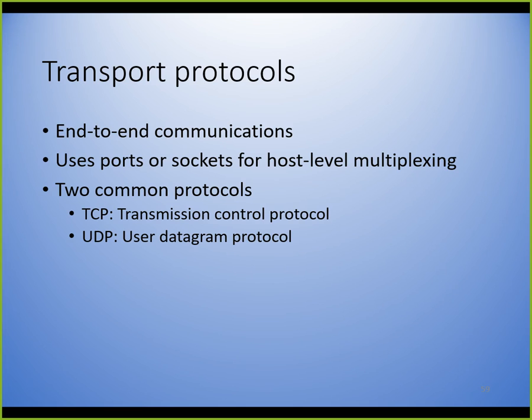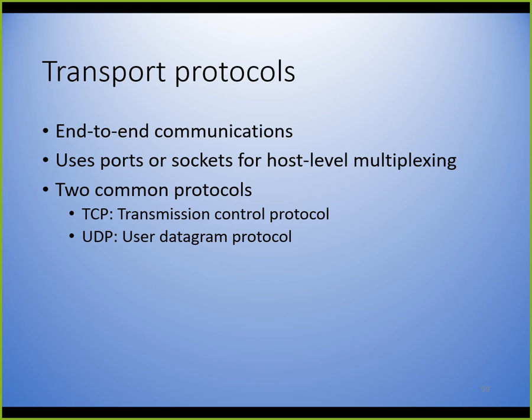Use ports or sockets for host-level multiplexing so that we can have more than one connection to one location, or so that we can use it for port address translation. If we wanted to have a connection to a web server and maybe an email server at the same time, we would need two connections at the session level. We need two sessions. We might go to the same location, but probably not, but we need two sessions.